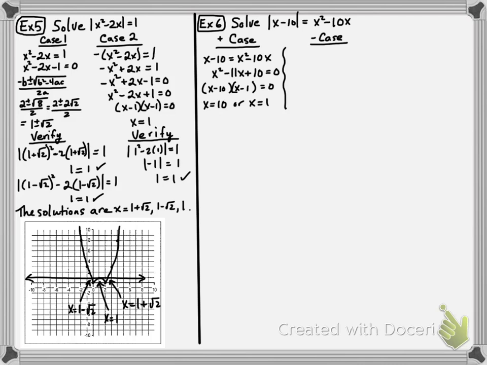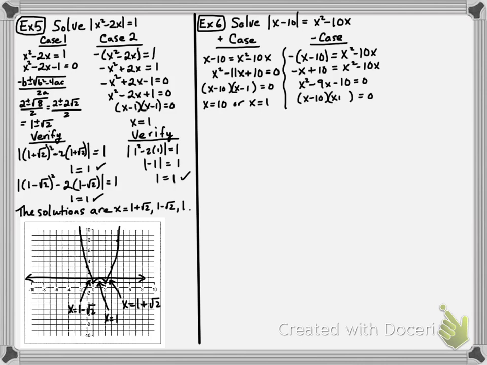In the negative case, we're going to have the negative of x minus 10 is equal to x squared minus 10x. So that's negative x plus 10 equals x squared minus 10x. Gather everything on the right side, and you're going to have x squared minus 9x minus 10 equals 0.